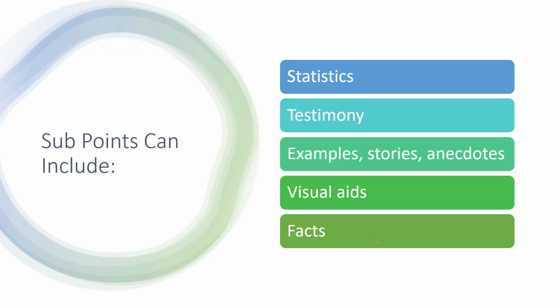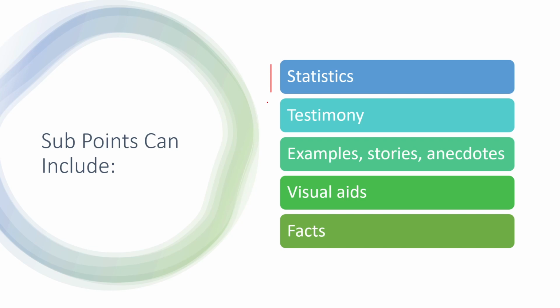Okay. So in this case, or in any other case, subpoints can include statistics. So when you have statistics, you can say it in an understandable manner. Do not say things like 35.54% of children. You can say 1/3 of children, which is much more comprehensible.